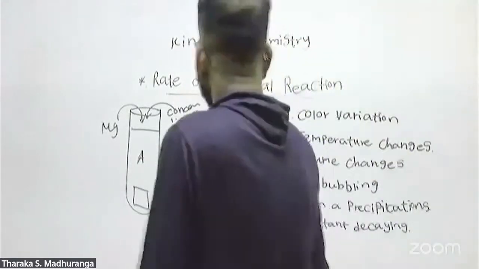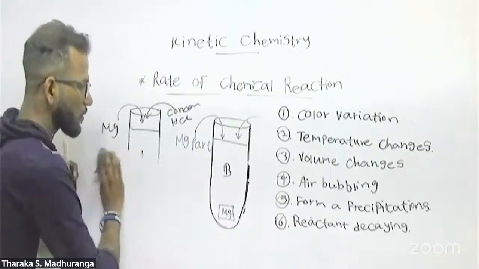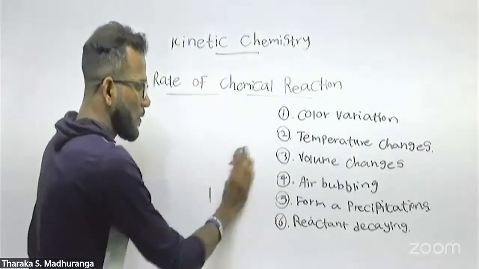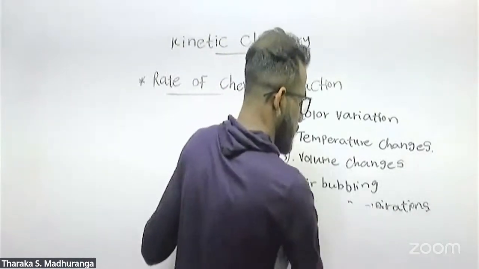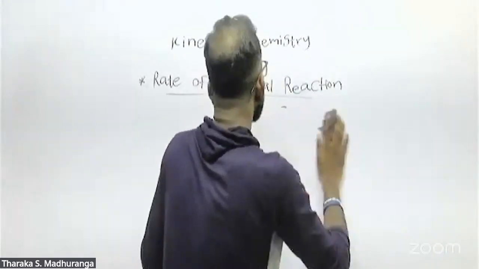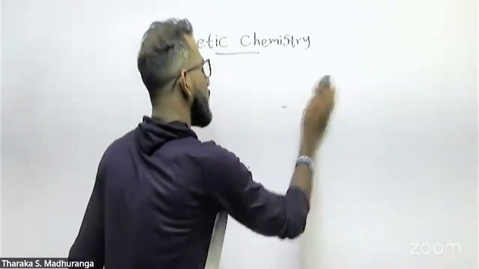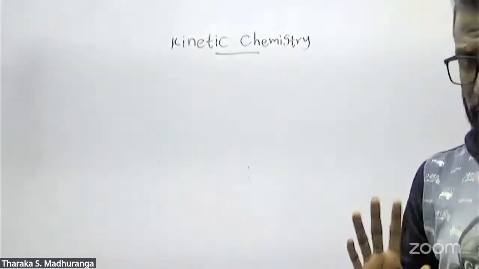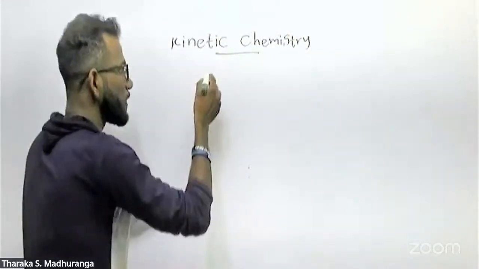Okay, now according to the rate of reaction, we can divide chemical reactions into three main types.